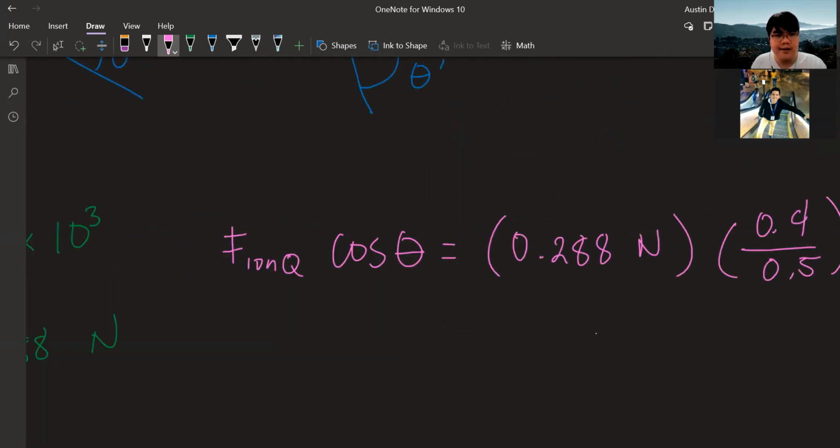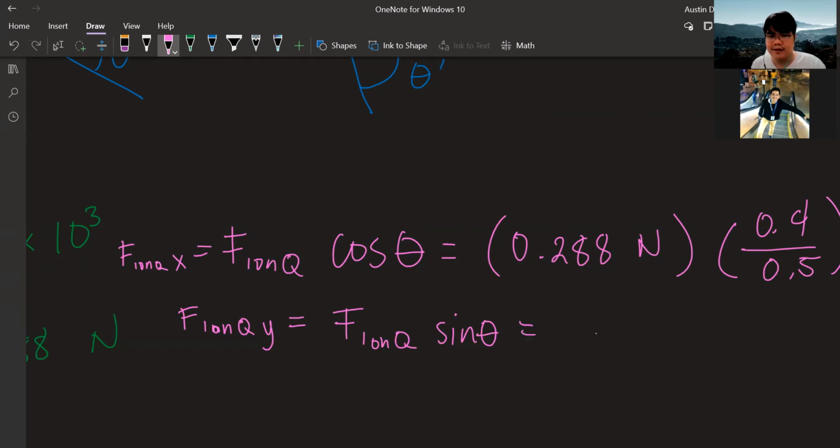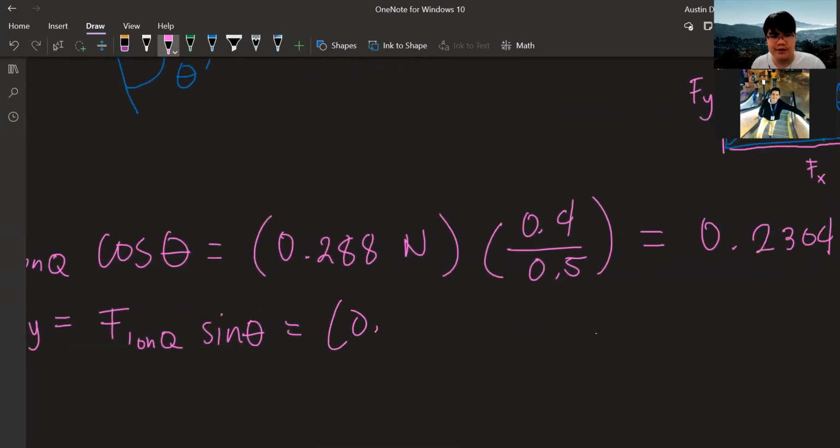Okay. 0.2304. Then, the other one. Kukunin mo ngayon yung... So, ito na yung F1 on Q, X part. Okay? F1 on Q, Y. Gagawin mo lang is F1 on Q. Then, get the sine theta. Okay? So, that's 0.288 newtons.